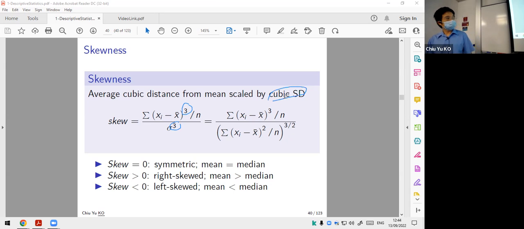For skewness, this is because you want to avoid the problem of more spread, so it is normalized. Of course, if you just care about positive and negative, it doesn't really matter that much because it just rescales, right? But if you want to compare across different data sets, dividing by the cubic SD is a useful measure.